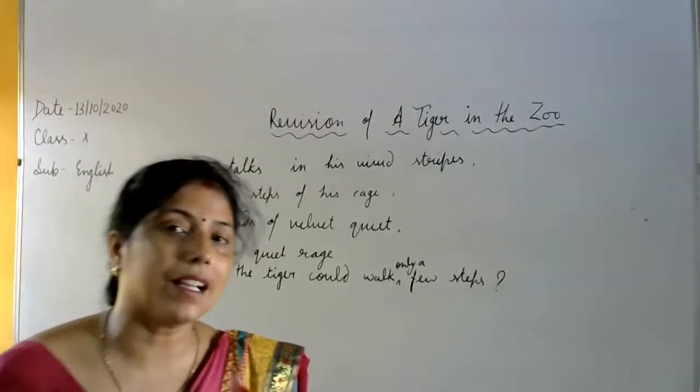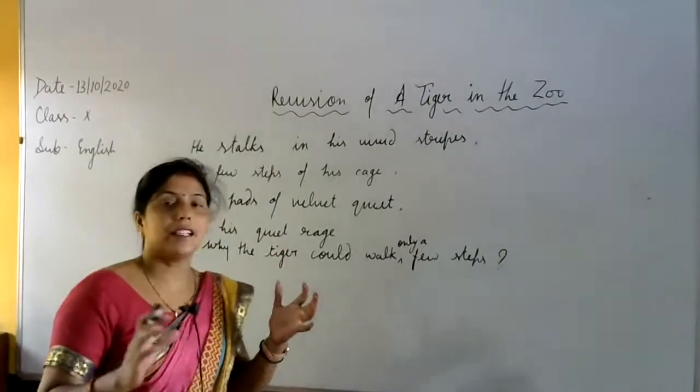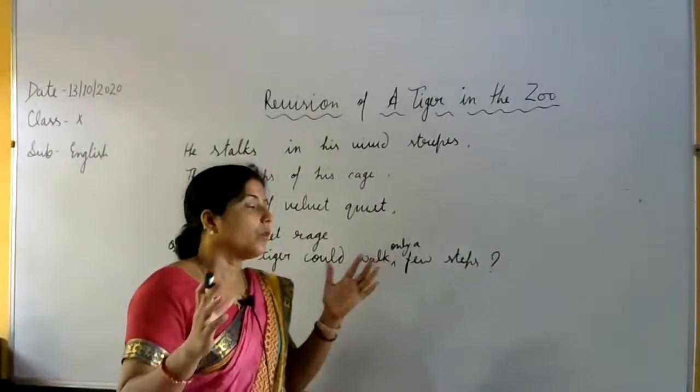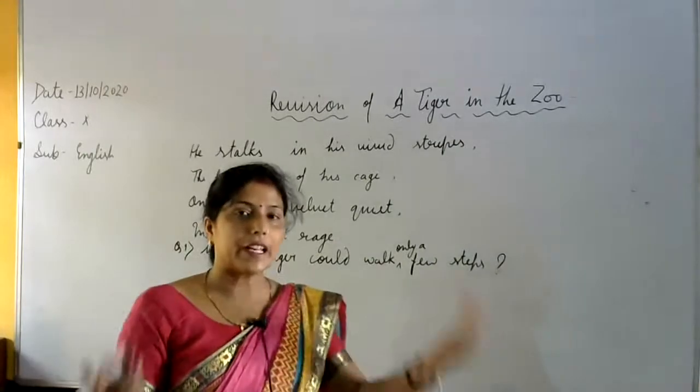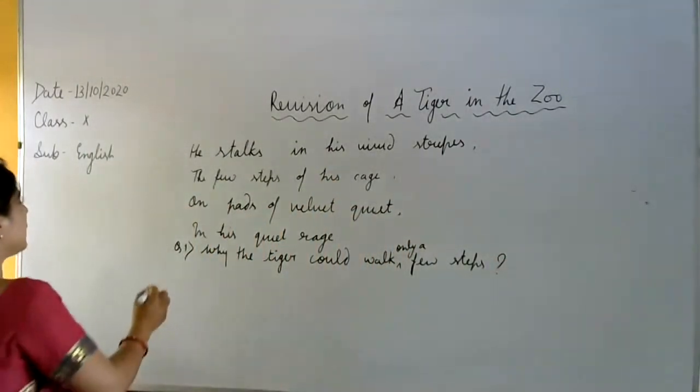Because he is trapped in the cage. Because he is in the zoo, and there is no more place where he can walk freely.